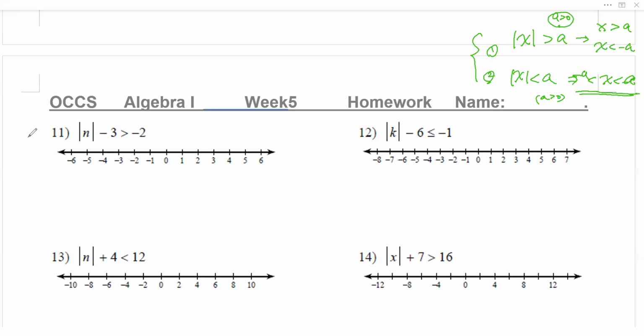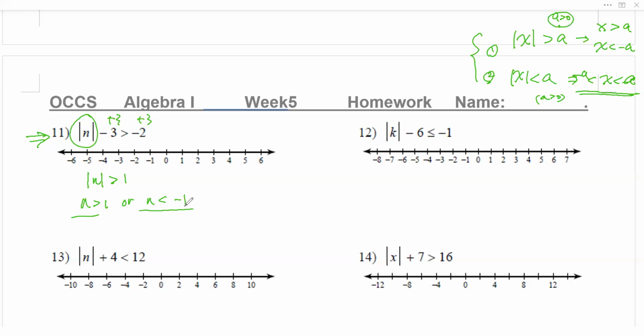All right, so let's see number 11 here. Firstly, we consider the absolute value a big unit, right? So adding 3 to both sides, we get absolute value of n greater than 1. Based on these two kinds of solutions, we can say n greater than 1 or n less than -1.